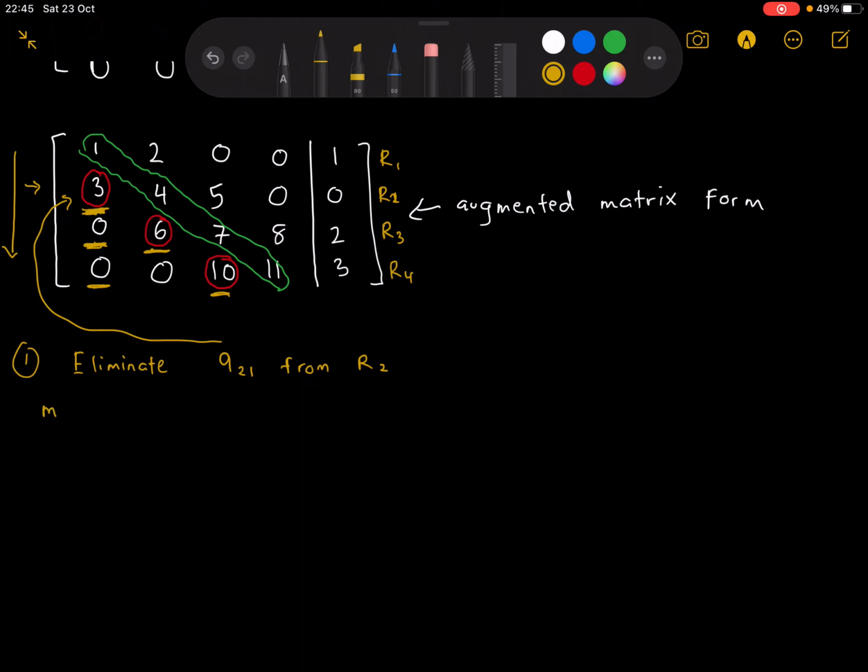I write M21 equals the value here on A21 divided by the value of its diagonal. In this case 3 divided by the number 1 here, so it becomes 3 over 1, which equals 3.